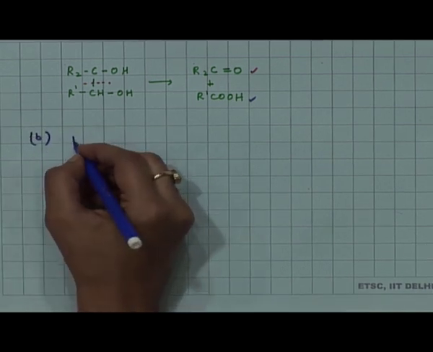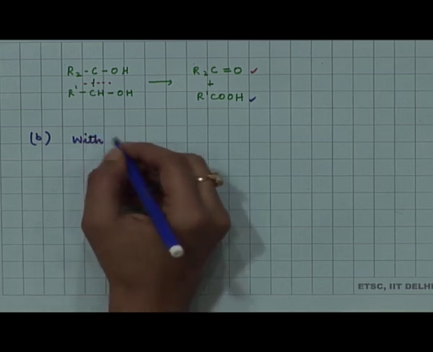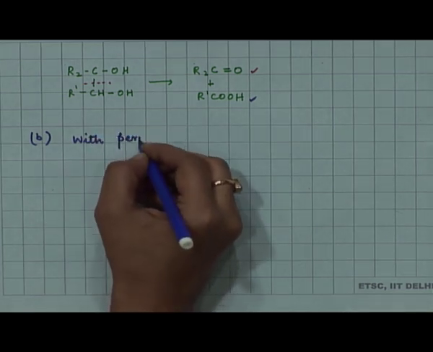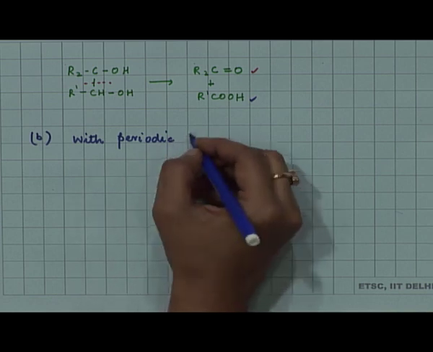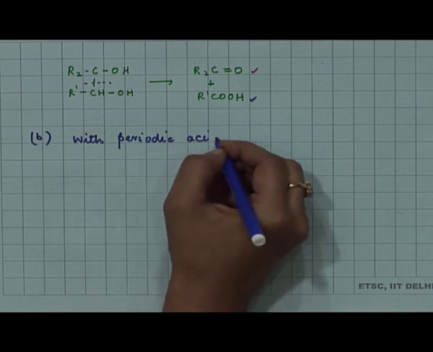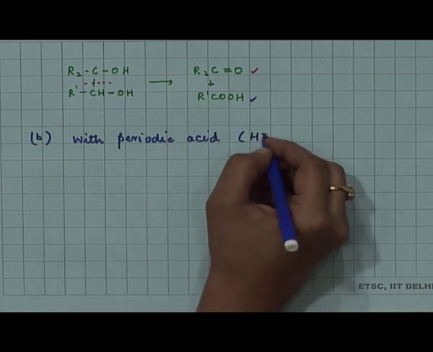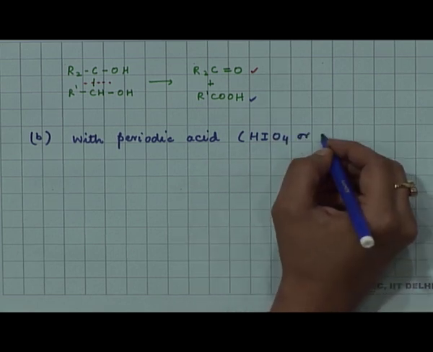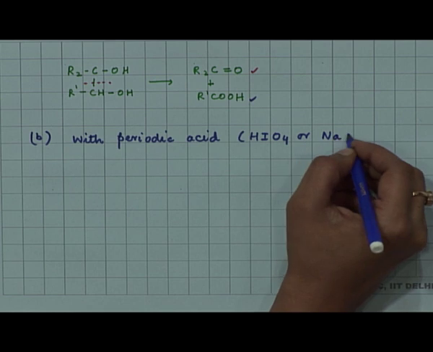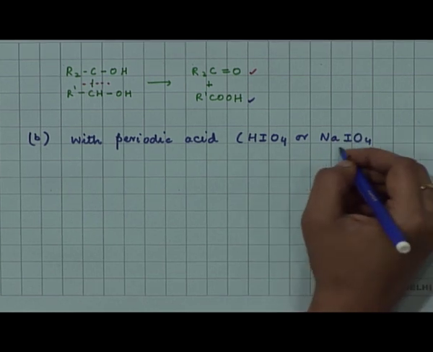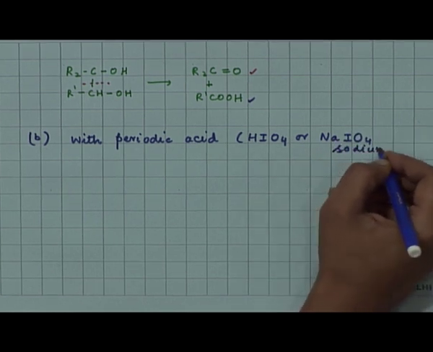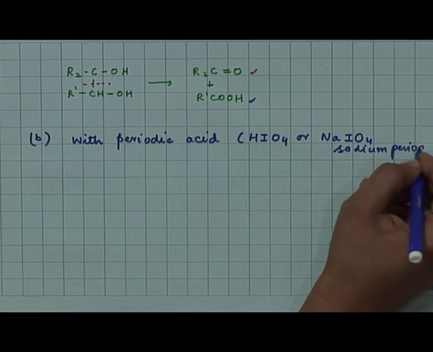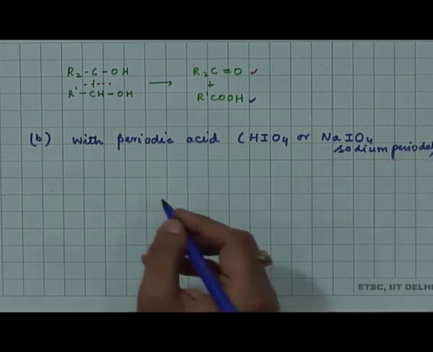Another reagent which is used for their oxidation is periodic acid. What happens when they are treated with periodic acid, which is represented by HIO4? Instead of periodic acid we can also use sodium periodate. In both cases the oxidation proceeds in the same manner.